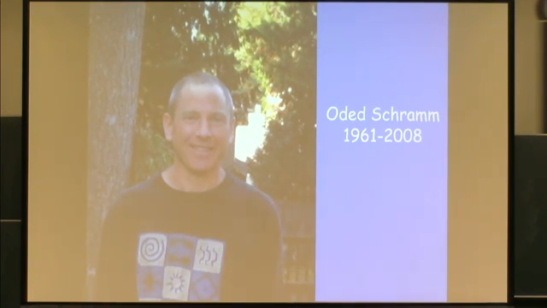So needless to say, he left many ongoing projects, and there have been many papers with Oded as an author appeared since then, and we've been a little slow finishing writing up this one, but this one is finally completed as well. So, of course, it was a real privilege to work with Oded on it.